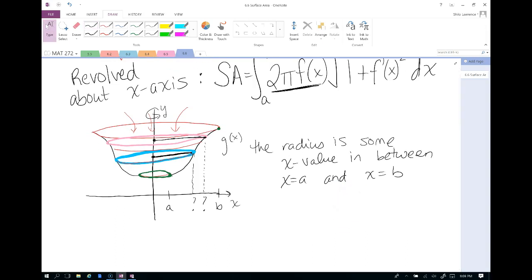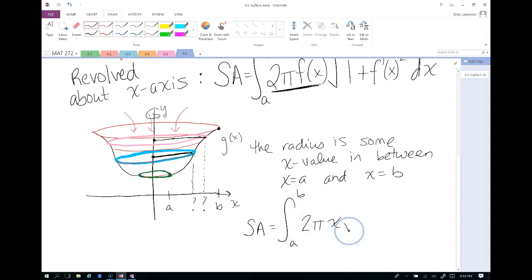So the way that we also use that as our radius is we just have to put an x in the radius spot. So we're still integrating from a to b, but this time for those circles, to find the circumference of one individual circle, we're going to do 2 pi times some x value. So 2 pi times some x value in between a and b.